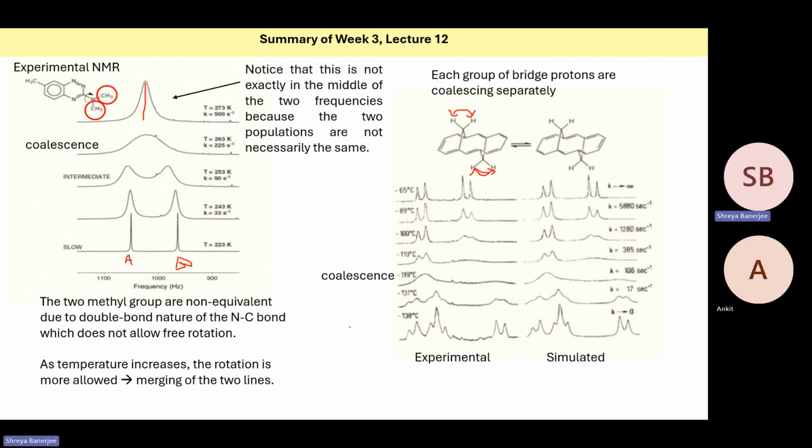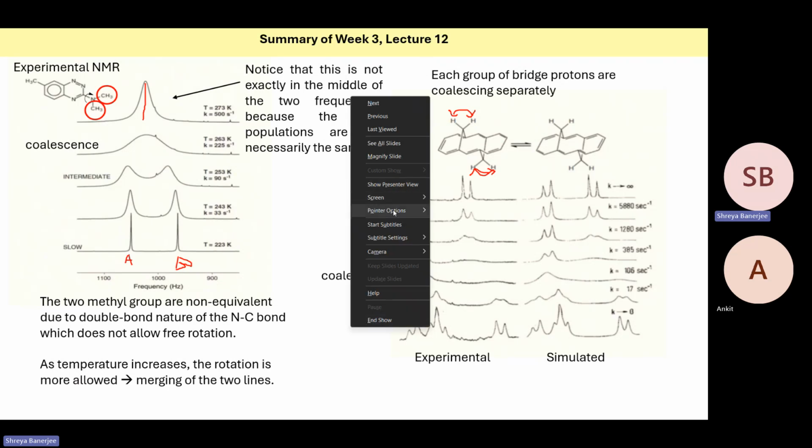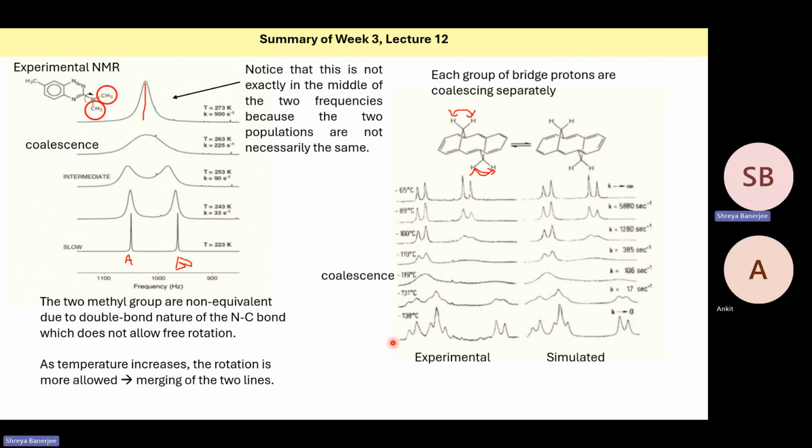So you can see here that at lower temperatures, minus 138 degrees Celsius, very clearly the signals are seen. But then you have a coalescence temperature where the signals are merging. As you are increasing temperature, the signals are merging and you have coalescence.